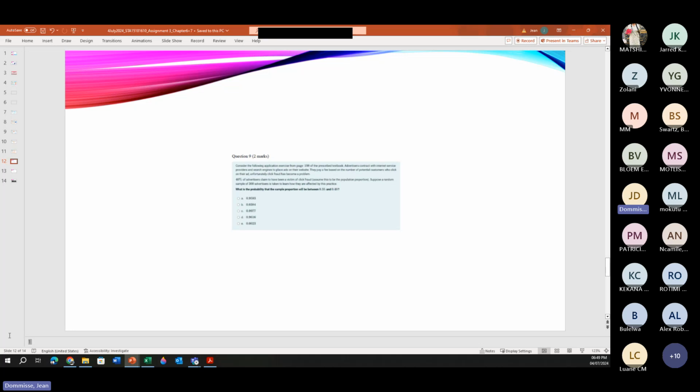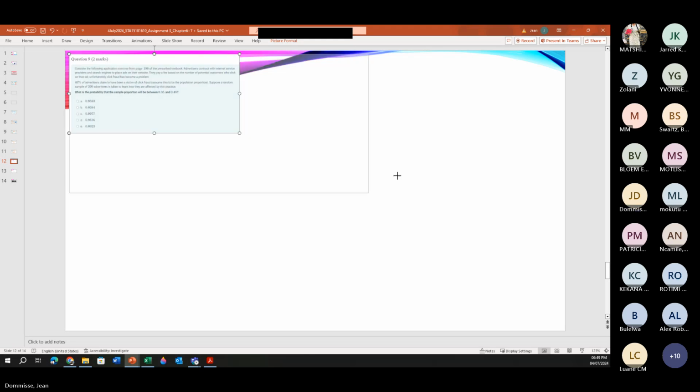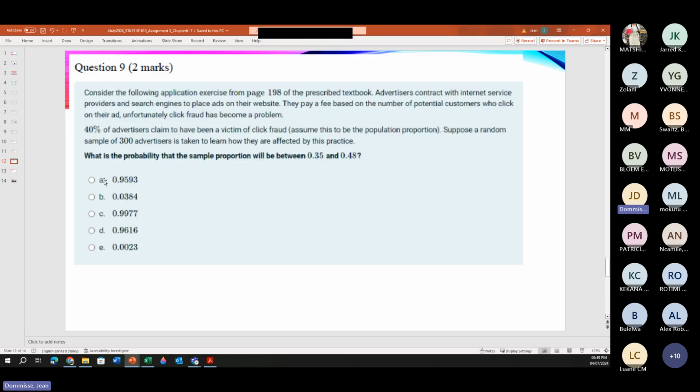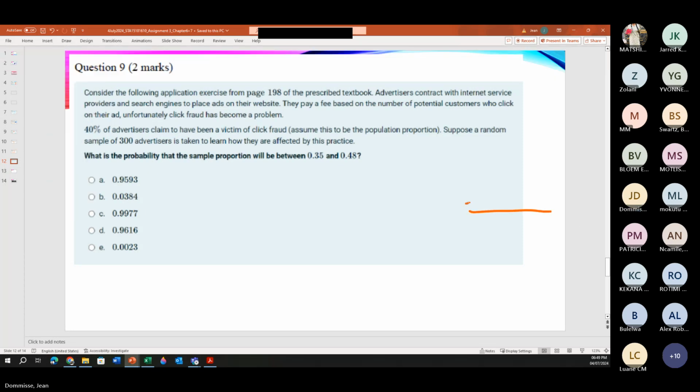So again, the assumption is that there will be one that they ask us to work out, but this one is where we're going to work between two proportions again. We can change it when we see the real values, but say that is the 0.35 and that is the 0.48.